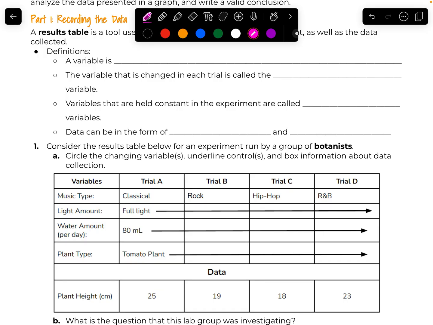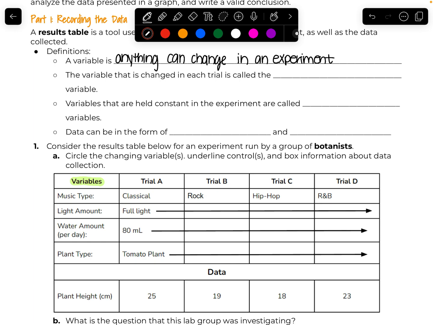Within your data table, there's a lot of information you can pull out here. One of the things that you can pull out are variables. So essentially, a variable is anything that can change in an experiment. This isn't saying that these are all of the things that are changing.